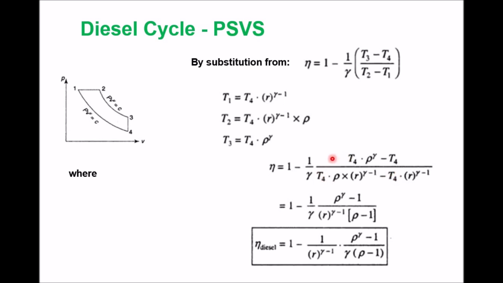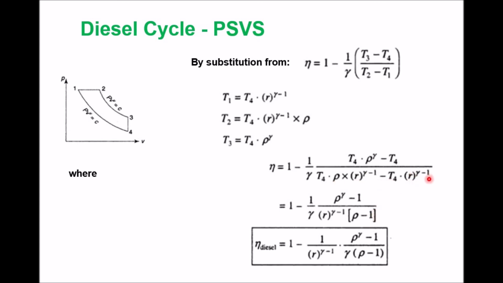Because as I said, we have a common factor of T4 all over the numerator and the denominator. So what remains here is rho times r to the gamma minus 1 minus r to the gamma minus 1. So we have a common factor again here of r raised to gamma minus 1. And the remainder on the other factor will be rho minus, of course, 1.